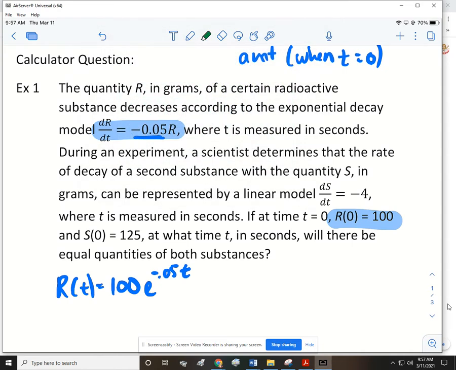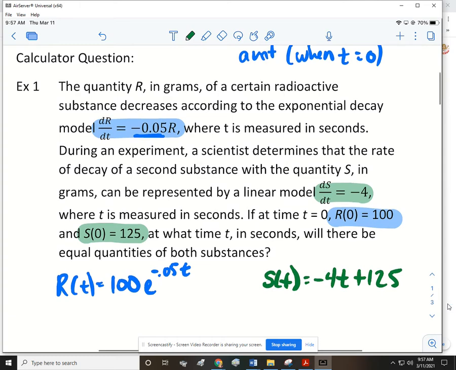And then for S, I'm going to take this model and this information to write an equation for S of t. So it's going to be the k, t, and then plus 125.